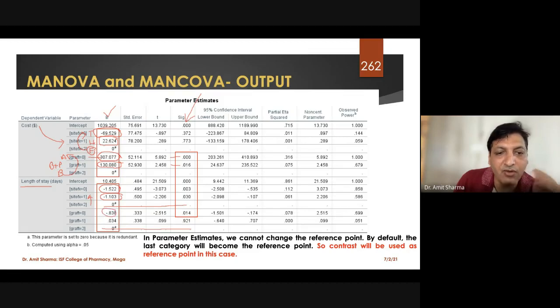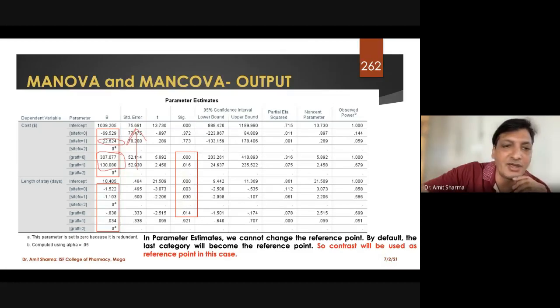So wherever we have got a negative result, it means it is going to reduce, either your length of stay or your cost. If you have got a positive result, it means the cost is going to increase. For example, here we have got positive, and these two values we have got positive. So we'll say the cost has increased or length of stay has increased.